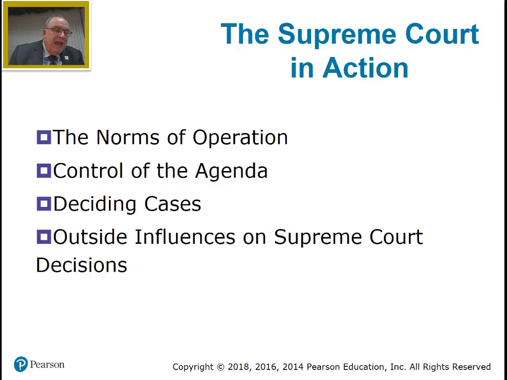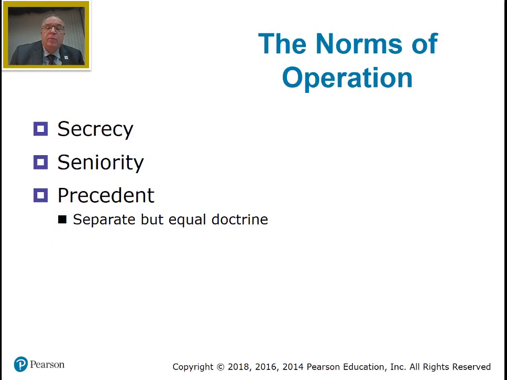The Supreme Court in action and some of their norms of operation. First of all, the Supreme Court announces its decisions in public, but it meets in secret. It holds a hearing and people can come and talk, but it makes decisions in secret. It makes decisions by seniority. Senior justices don't get more votes, but they get to vote later in the process.